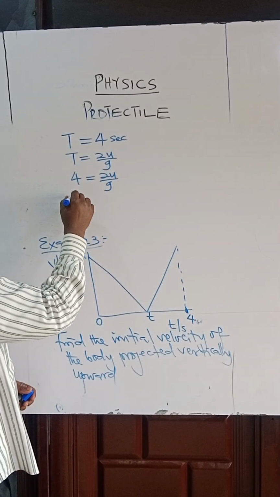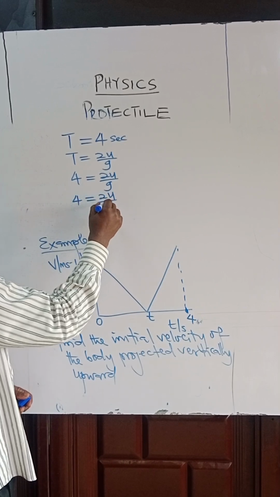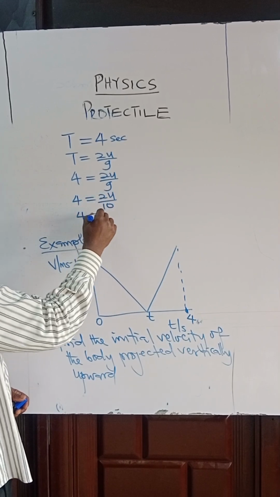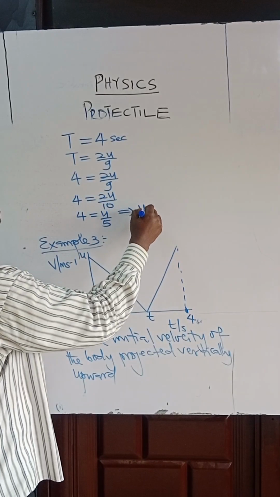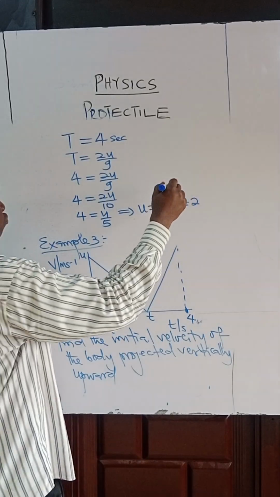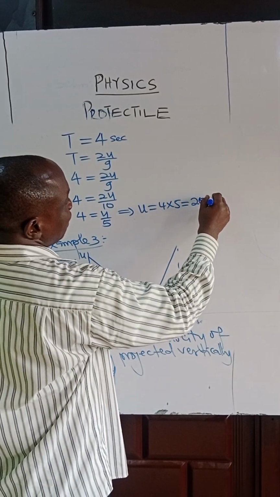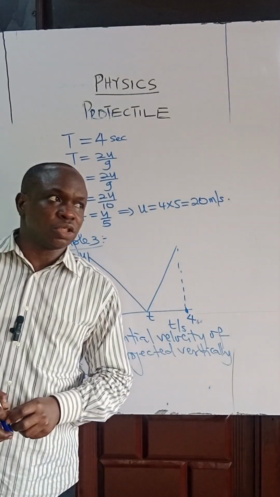Here you can say 4 is equal to 2u over 10. 2 into 10 is 5, so 4 is equal to u over 5. When you cross multiply, you have 4 times 5, and you are going to have 20 meters per second. This is the end of upward motion.